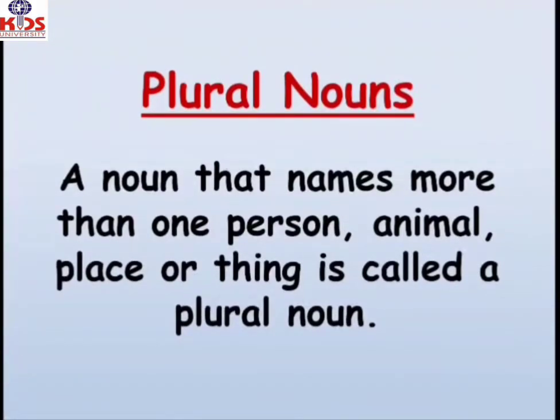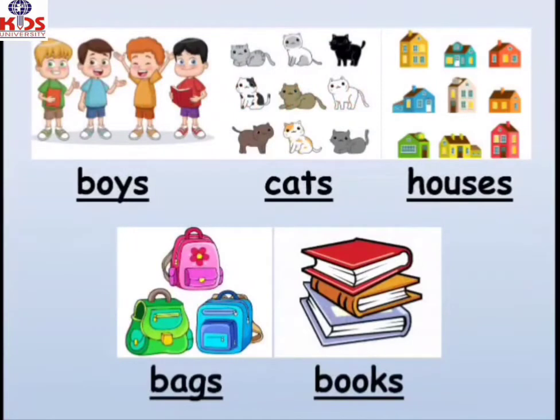A noun that names more than one person, animal, place, or thing is called a plural noun. Here are some plural nouns: boys, cats, houses, bags, books.